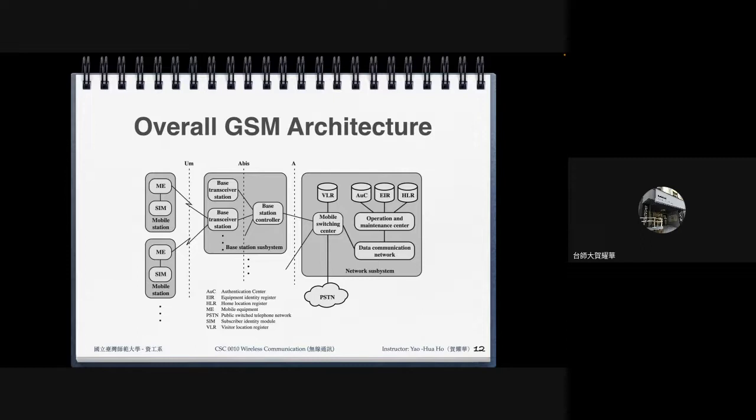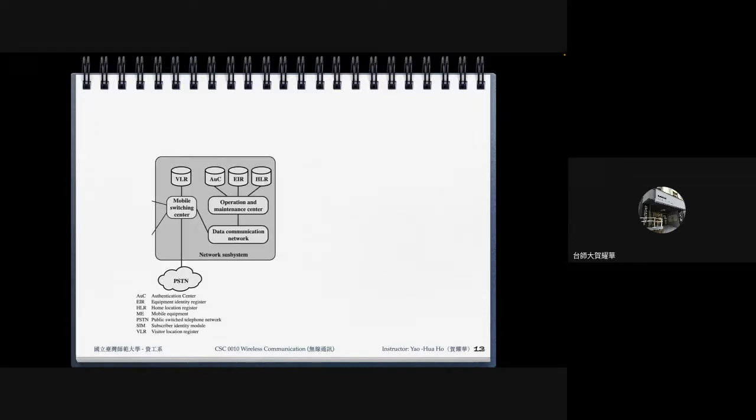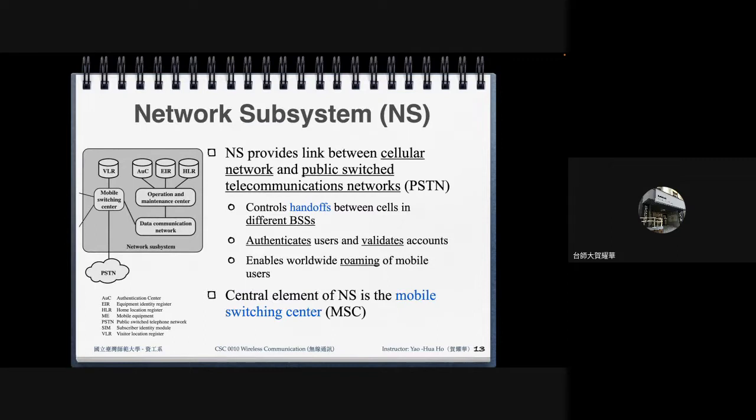Now from there on, the base station subsystem, we have what we call the network subsystem. The network subsystem provides a link between the cellular network and the public telephone switching network, or PSTN, and controls the handoff between cells in different base station subsystems.